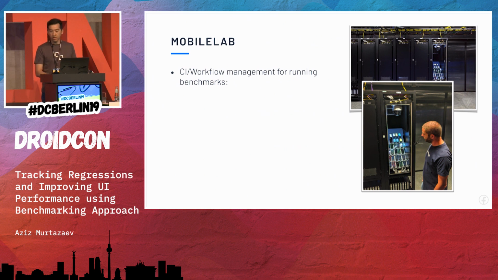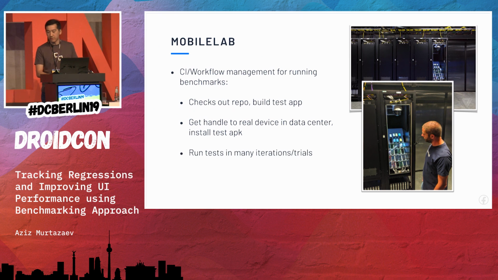First you check out the repo, build the test app, and then you get a handle to a real device in the data center, install the test APK, run tests in many iterations, and report results to the experiment store, and then you can bisect if you need it.